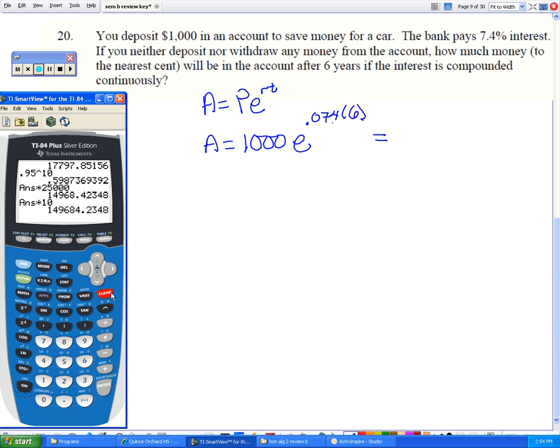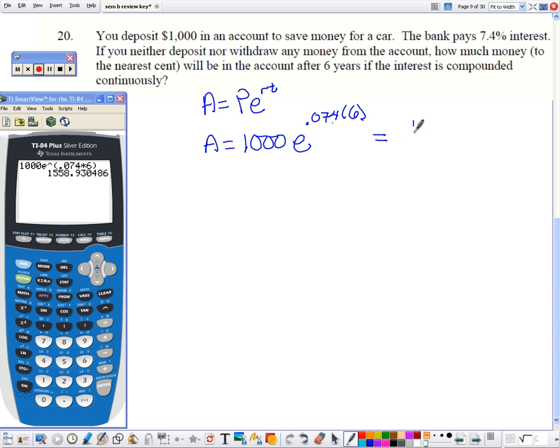So using our calculator, 1,000 times e to the 0.074 times 6. So that will give us $1,558.93.